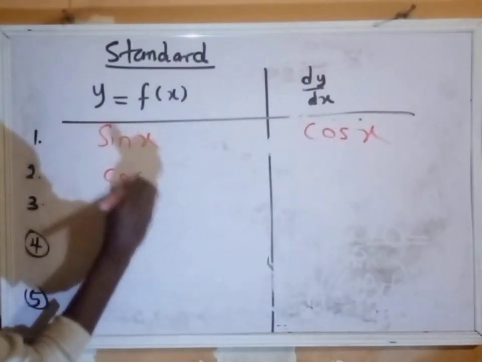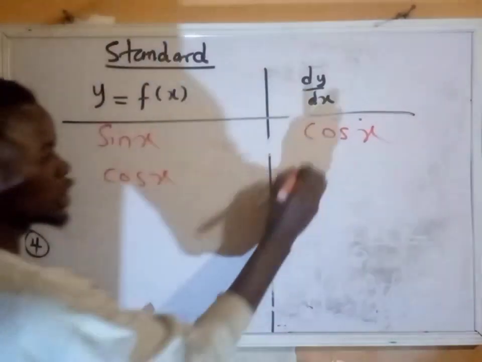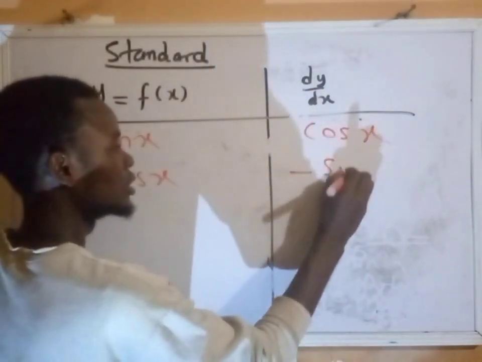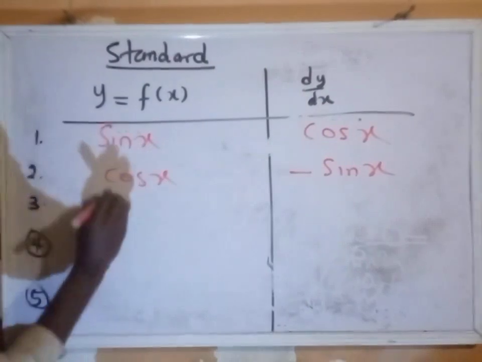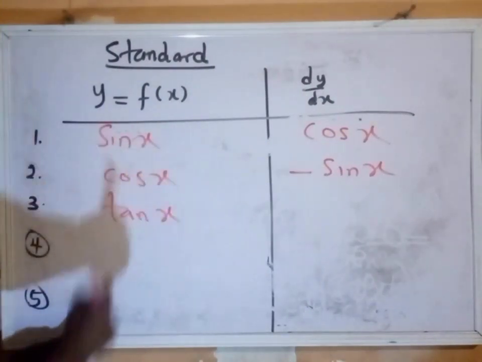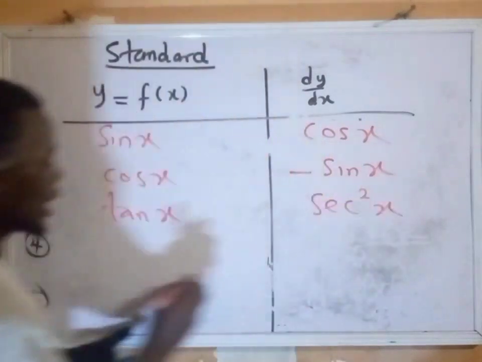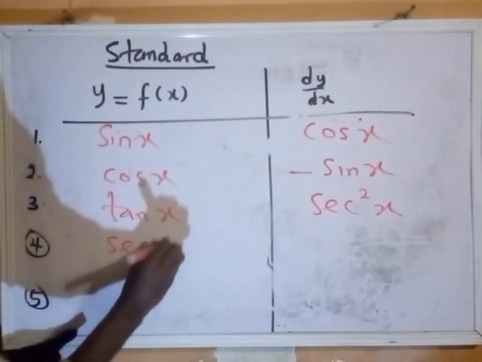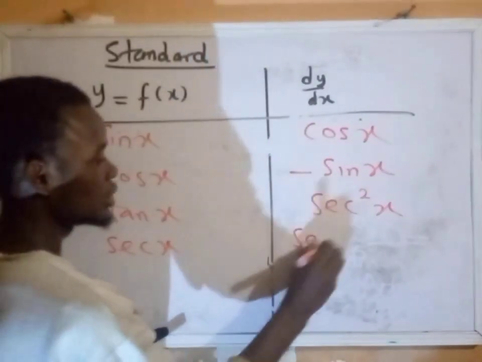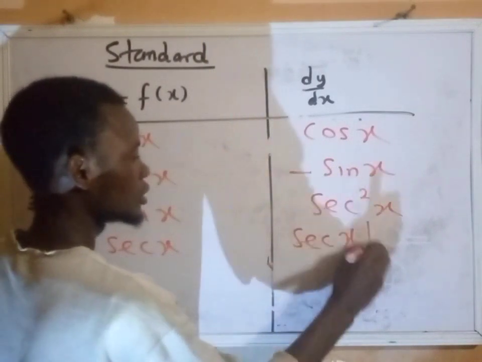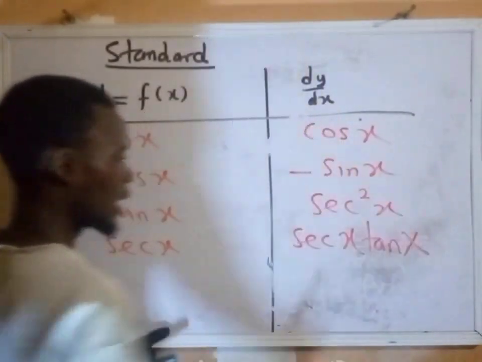If this one is cos x, the derivative of cos x equals minus sine of x. Let's say we have tan of x, the derivative of tan x equals sec squared x, and if someone asks you to differentiate sec x, it equals sec x tan x.